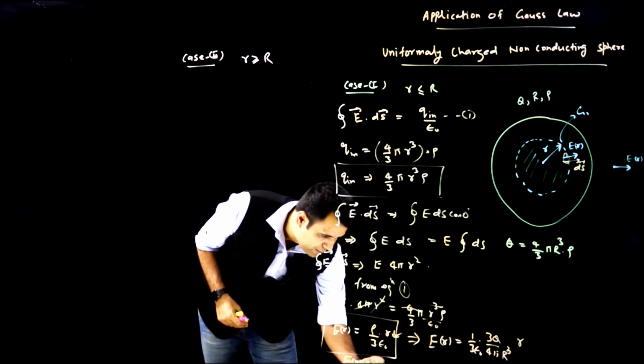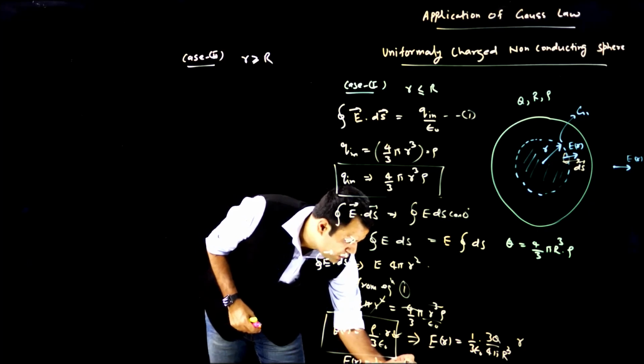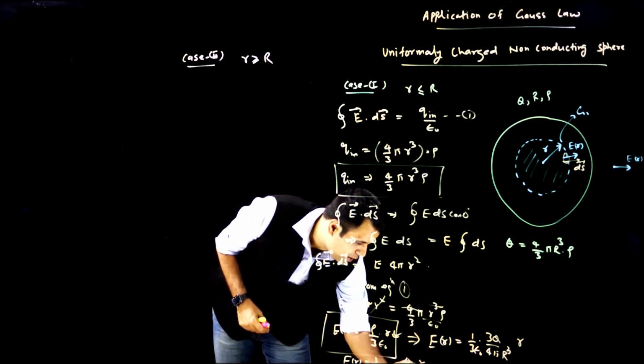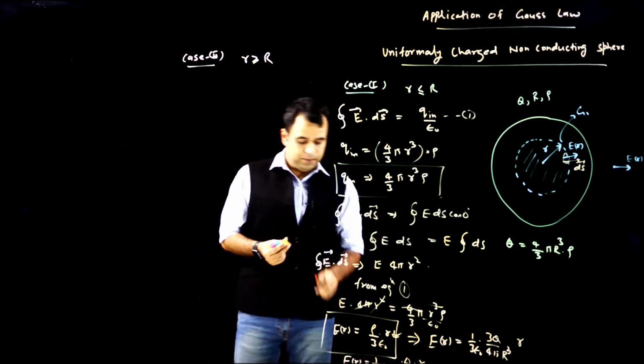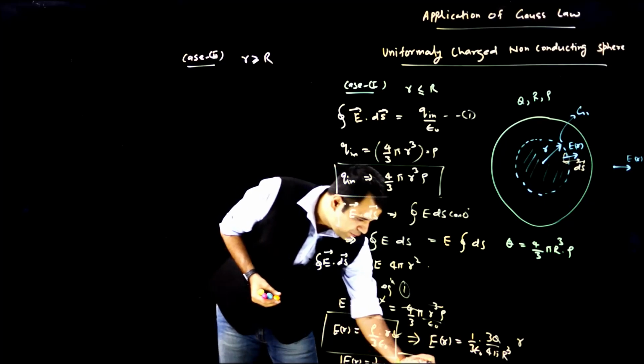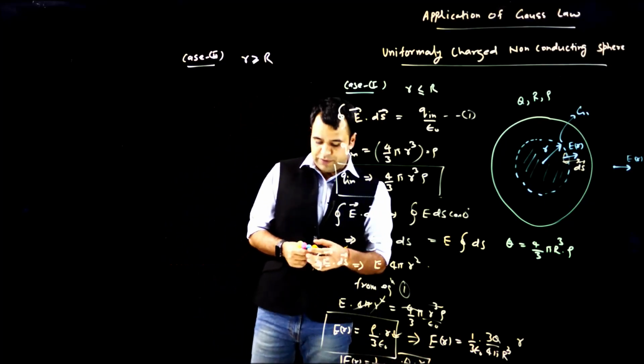So it will be 1 upon 4 pi epsilon naught Q times of small r upon R cube. So this is the formula in terms of net charge.